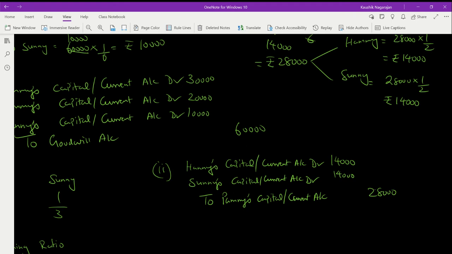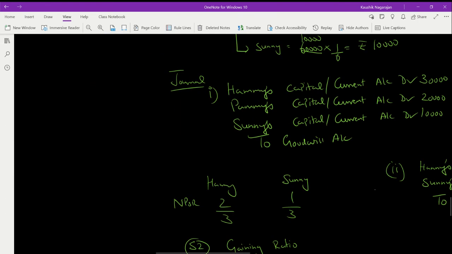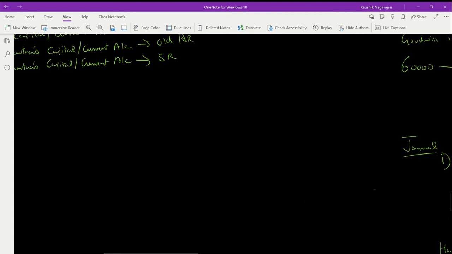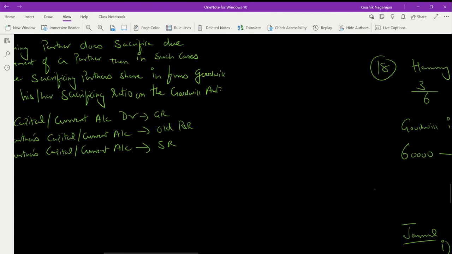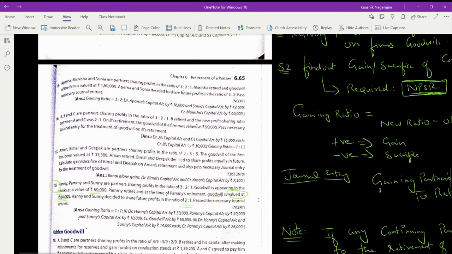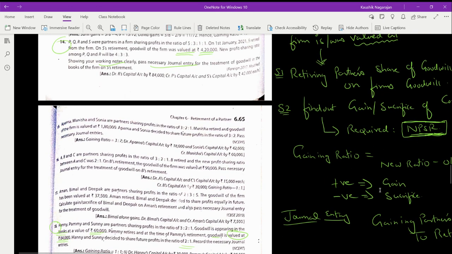If all the continuing partners are gaining, then both the continuing partners' capital or current account will be debited and the retiring partner will be in the credit. If any one among the continuing partners is sacrificing, then that sacrificing partner's capital or current account will be in the credit, followed by that the gaining partner's capital or current account will be in the debit. So with this, the concept of treatment for goodwill under the topic retirement of a partner comes to an end.